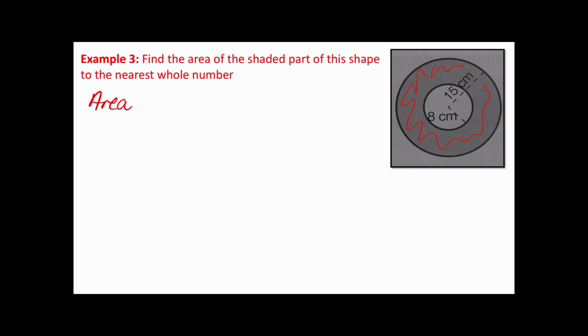So my area of the shaded part is going to equal the area of the big circle, and if I then subtract the area of the little circle, then we're going to be left with that shaded part. So that's good.